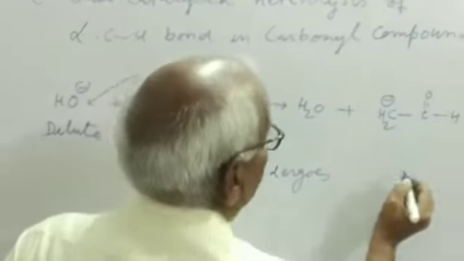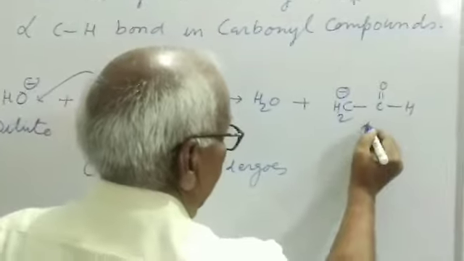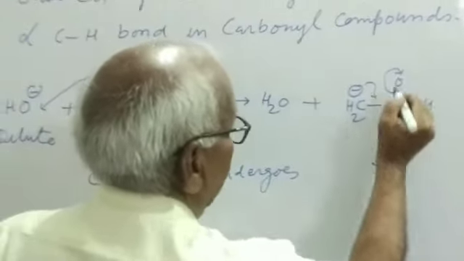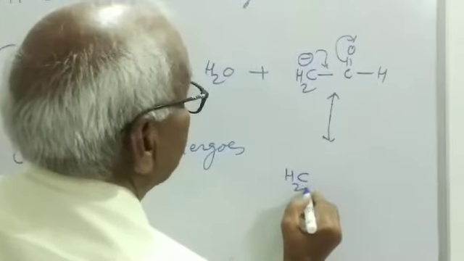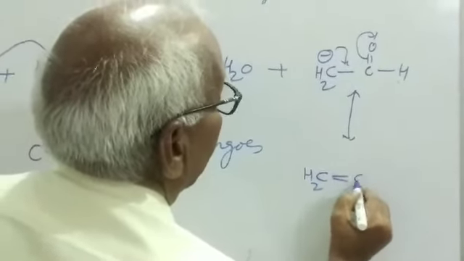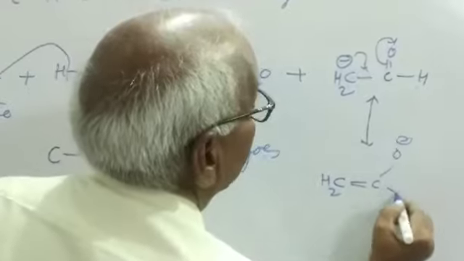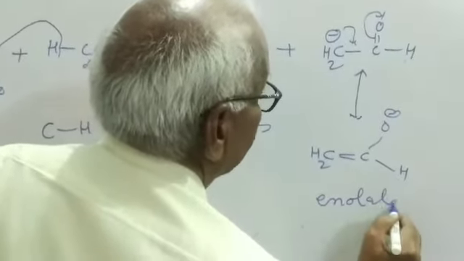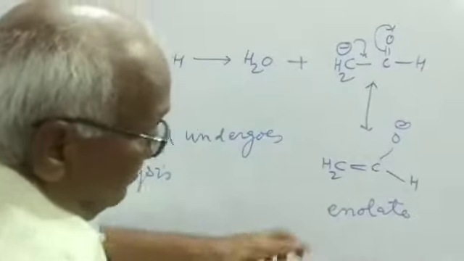This has a tendency to undergo resonance. So this comes over here and this goes over here. So it attains stability, and this is the enolate form, with a carbon double bond.